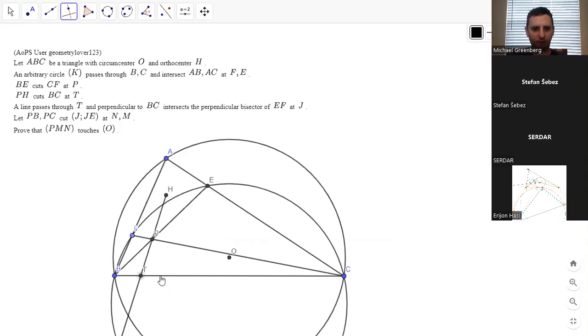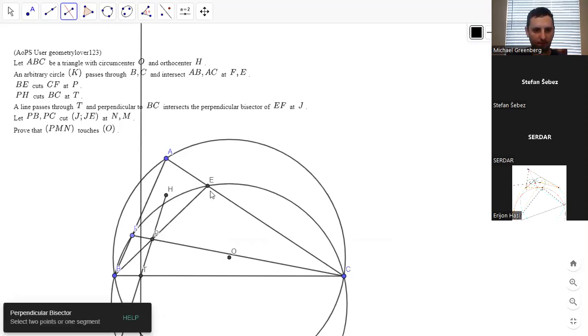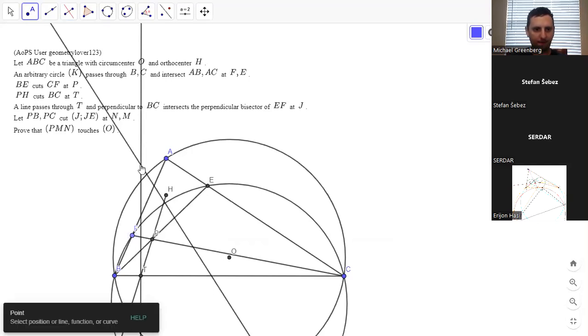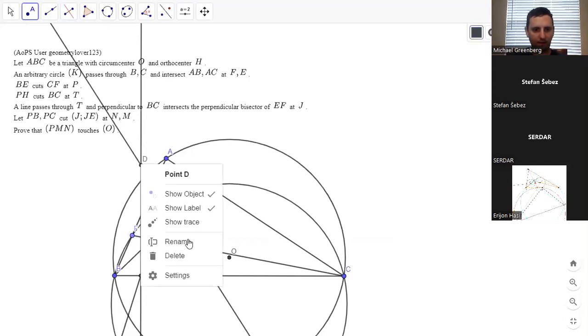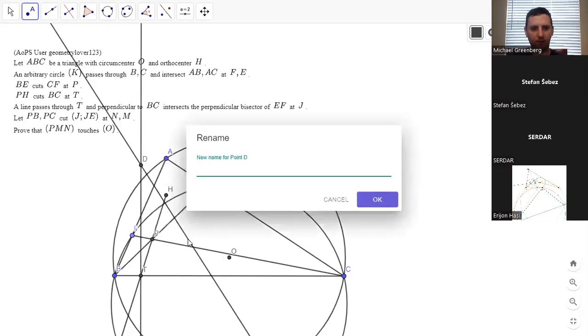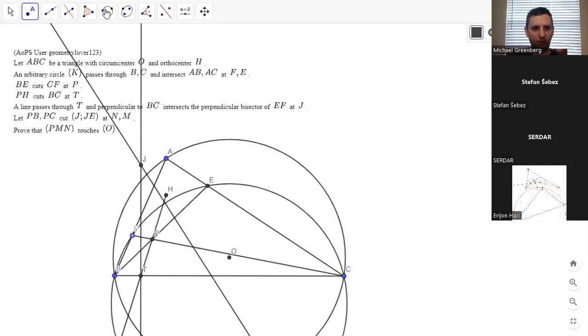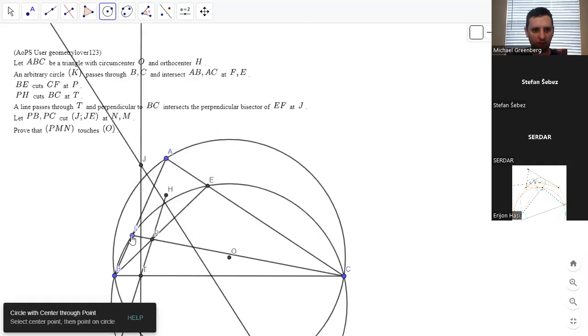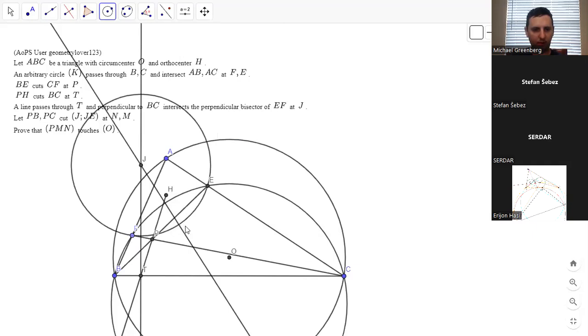Okay, a point J. And then we let PB and PC intersect this circle.